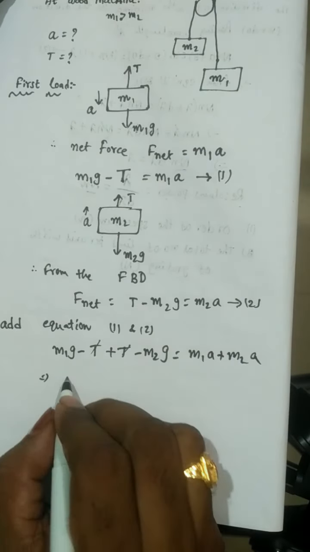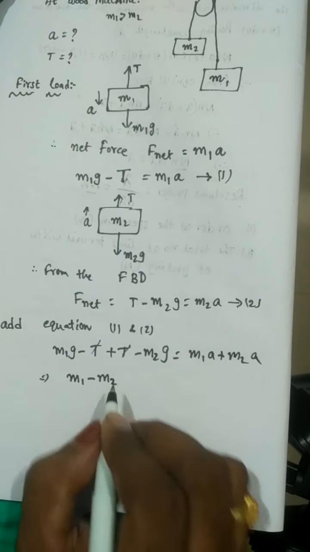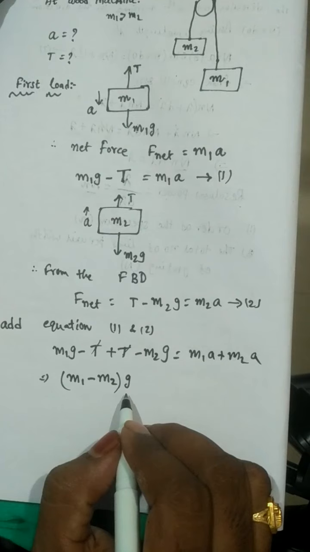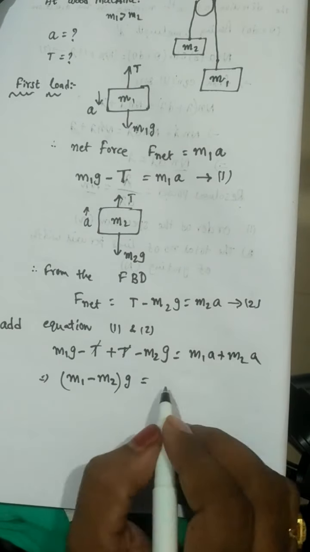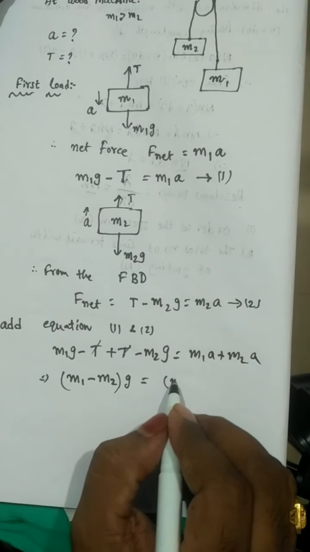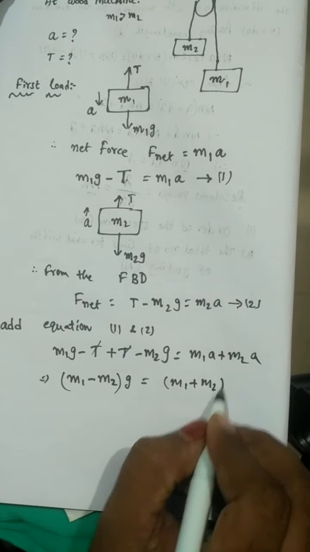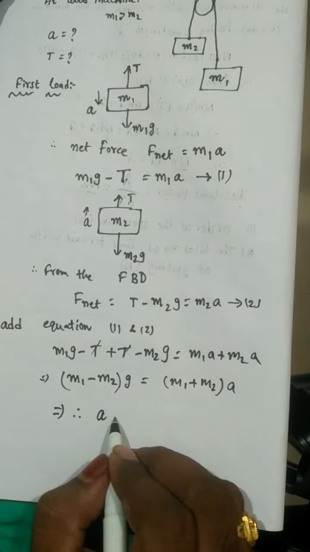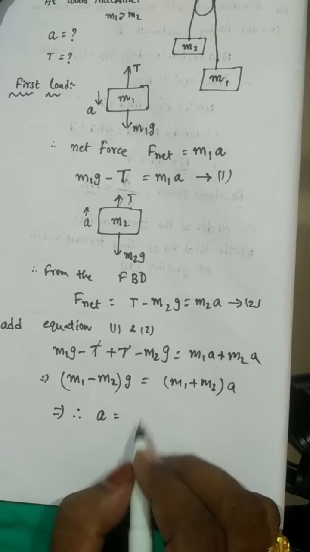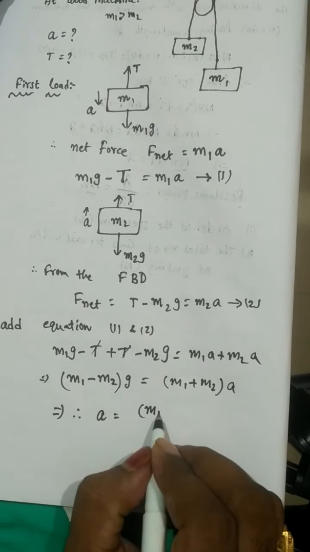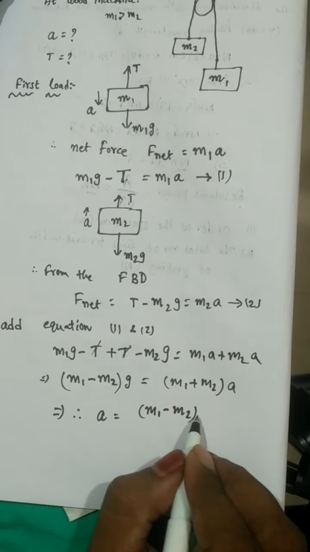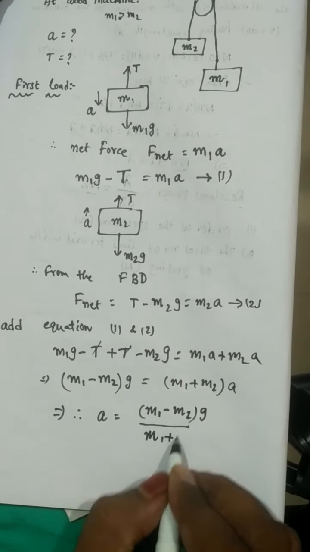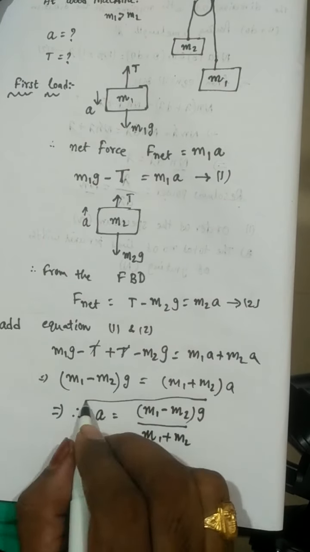That implies (m1 minus m2) into g, taking g as common, equals (m1 plus m2) into a, where a is the common factor. Therefore, the acceleration a equals (m1 minus m2) into g by (m1 plus m2). This is the acceleration of the body.